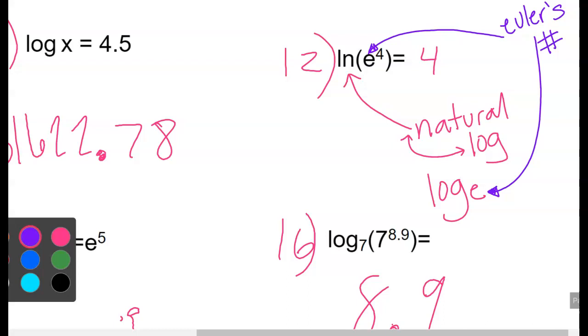Now, the reason why log base E is called the natural log is because Euler's number E appears in nature. This is a really crazy phenomenon: multiple times in the natural world, scientists and mathematicians have discovered that E pops up.